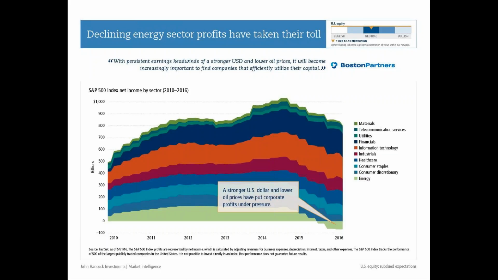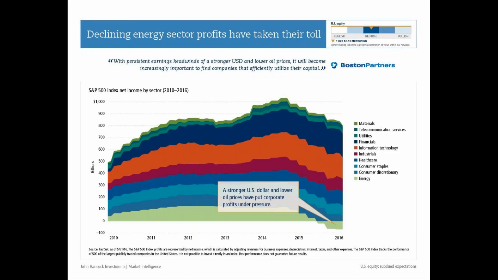And what this chart actually shows is the net income of all the companies in the S&P 500, broken out by their sector, so what part of the business environment they're in. Energy companies were making about $100 billion per annum, and for a nice steady period throughout this cycle.